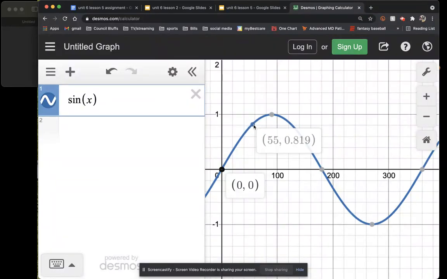Okay. And then you could see it goes up to 1. And then I'm going to go down. And again, 2/3 is 0.6 repeating. So 0.669 here, 0.656. So it's going to be between 138 and 139 degrees.